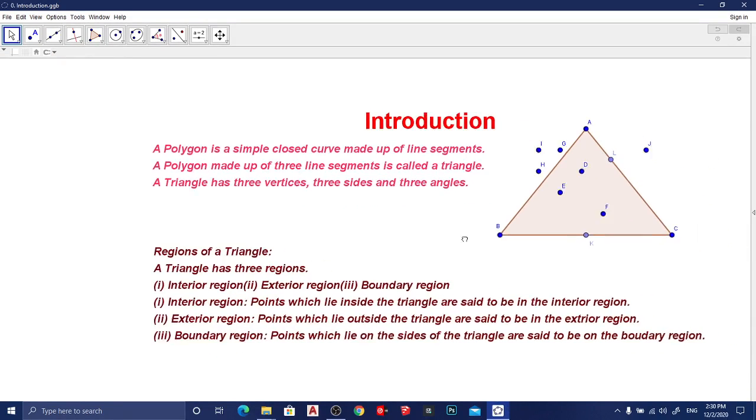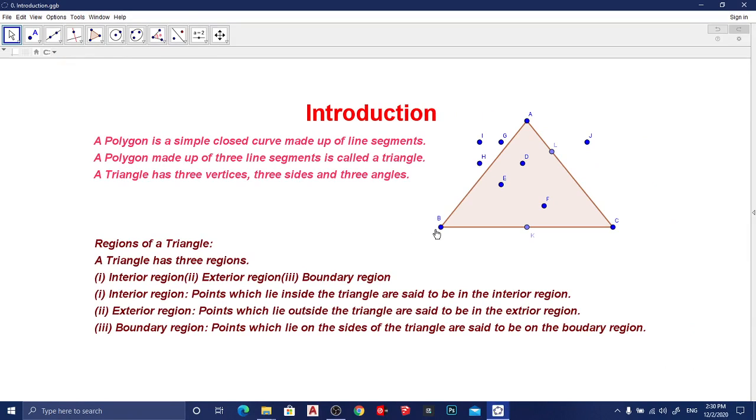So once again, a polygon made up of 3 line segments is called a triangle. A triangle has 3 vertices, 3 sides and 3 angles. These are the elements of a triangle. And also a triangle can divide the given plane into 3 regions. This white is the plane.